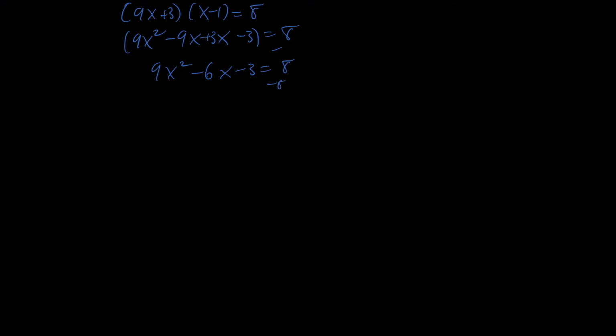I subtract 8 from both sides. 9x squared minus 6x minus 11 equals 0.